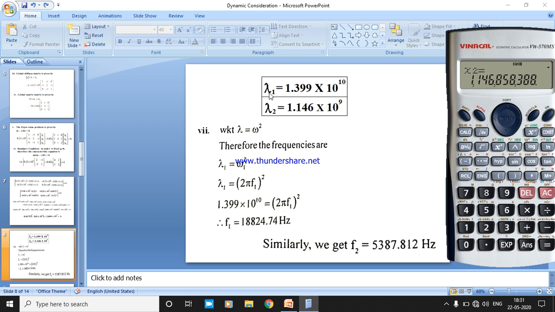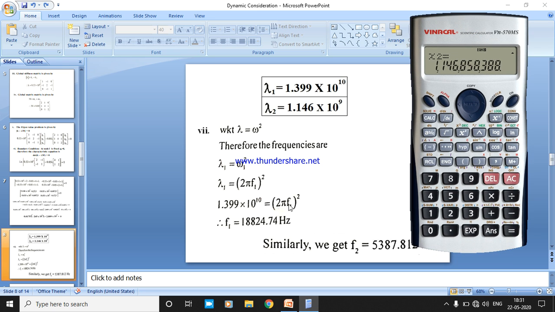Because we have 2 eigenvalues, lambda 1 and lambda 2, first we shall solve with lambda 1. So I took lambda 1 and omega 1. Omega is 2 pi f. I know the lambda value, lambda 1 is 1.399 into 10 raised to 10, which is equal to (2 pi f) whole square. If I take this square to the other side, it becomes a root.